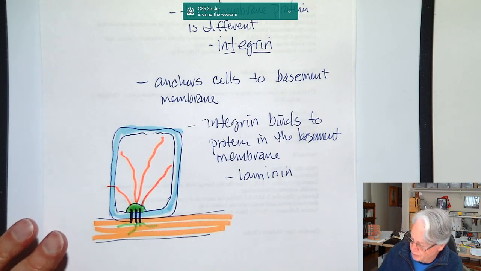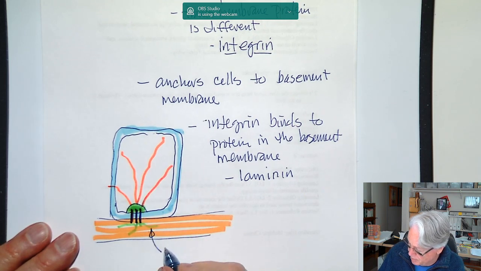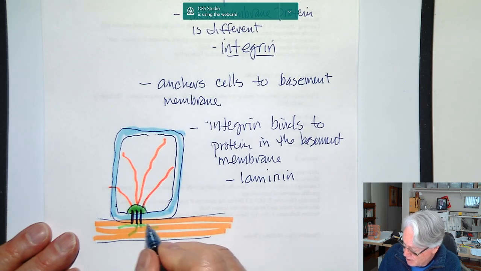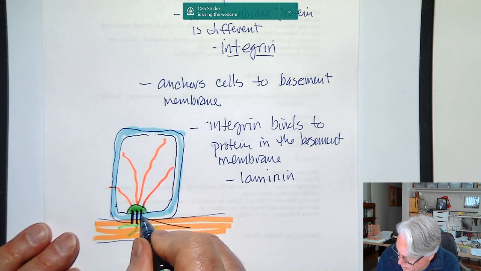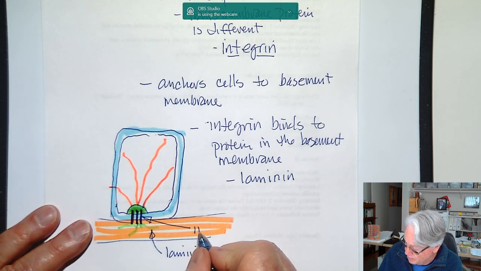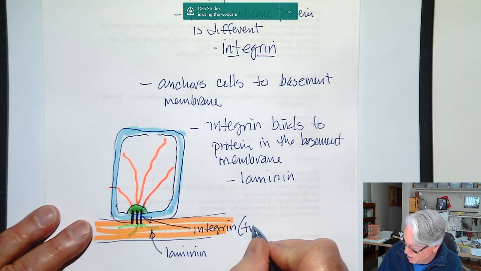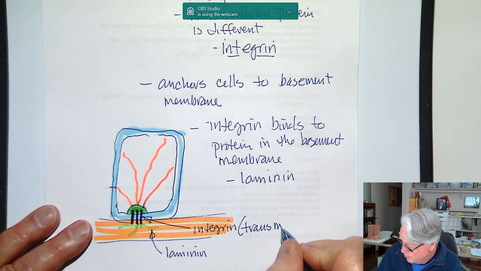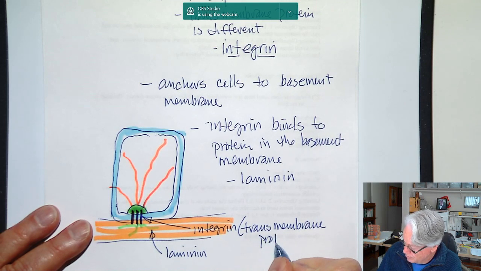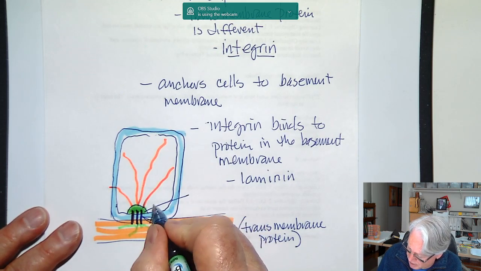And so we have, this is my laminin. That is the integrin, which is my transmembrane protein. Okay. And that's my plaque.